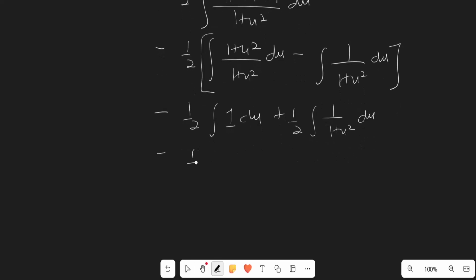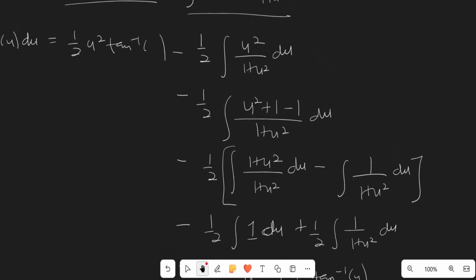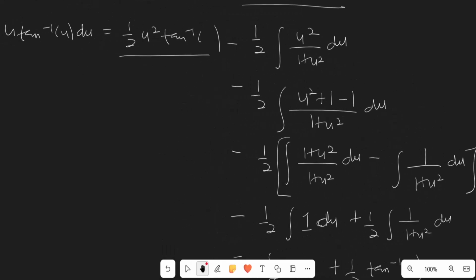So this is minus 1/2 the integral of 1 du. In the u world it's just u. Plus 1/2 the integral of 1 over 1 plus u squared, that is the arctan or the tan inverse of u. So we have done everything, so we can put this back.